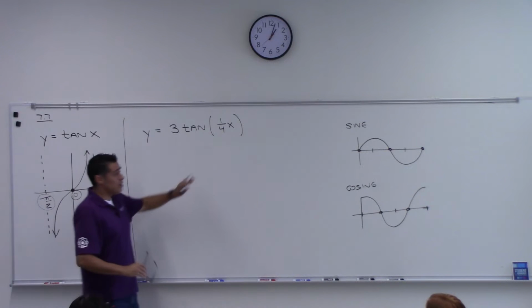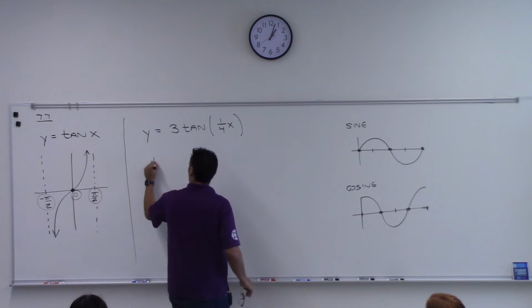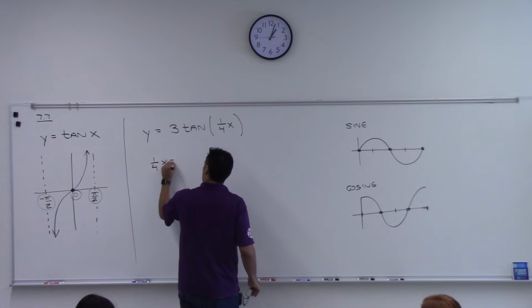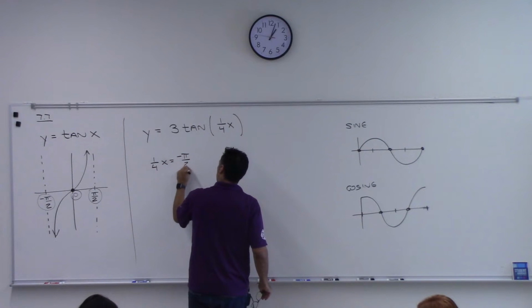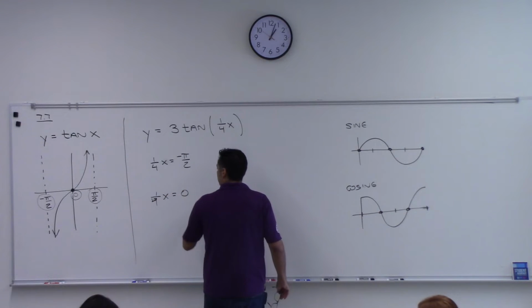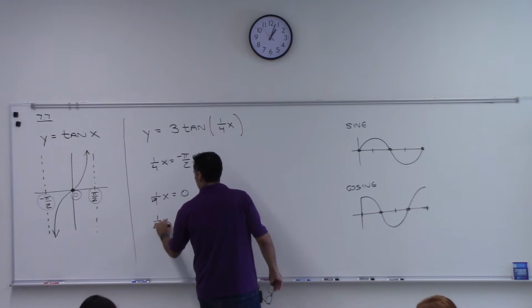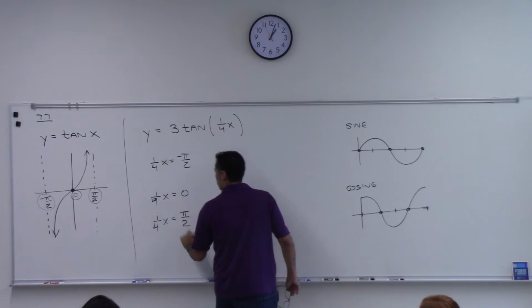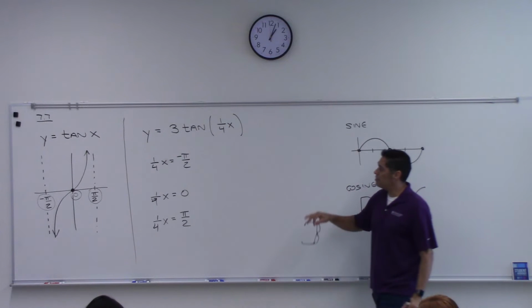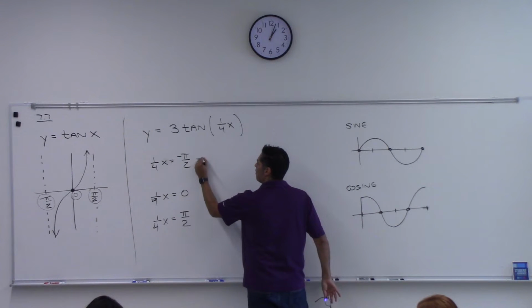So I'm going to take the argument, just like we did before, 1/4 x, and set it equal to negative pi over 2, then 1/4 x equal to 0, and 1/4 x equal to pi over 2. I'm going to solve those 3 equations for x. On the first one, I multiply both sides by 4.